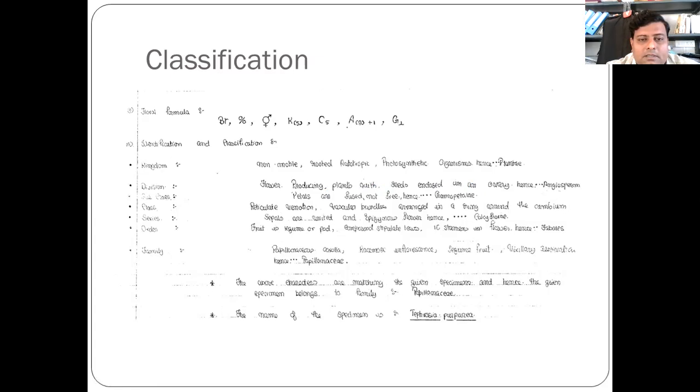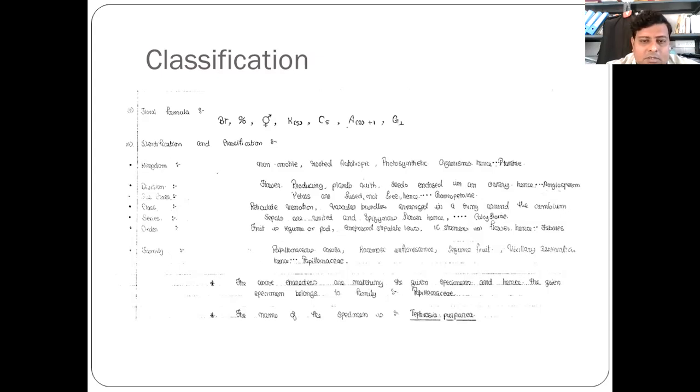Class: reticulate venation, vascular bundles arranged around the cambium. Sepals are united and epigynous flower, hence Calyciflorae. Fruit is legume or pod. Compound stipulate leaves are present, 10 stamens in flower, hence Fabaceae.